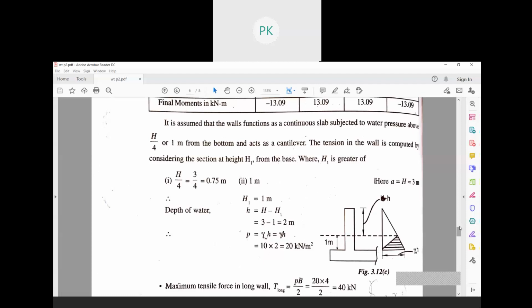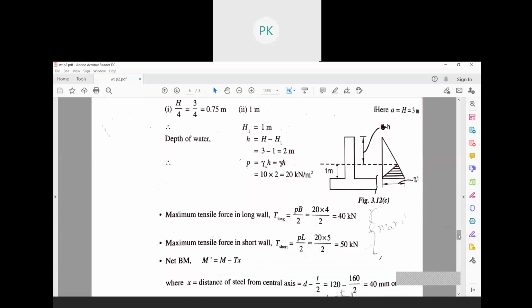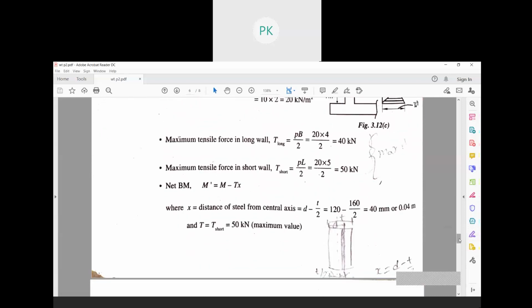Gamma is nothing but density of water. H, small h we have calculated as 2 meter, so P is equal to 20 kilonewton per meter square. So in the diagram also you can easily understand this concept. Then maximum tensile force in long wall we have 40 kilonewton.